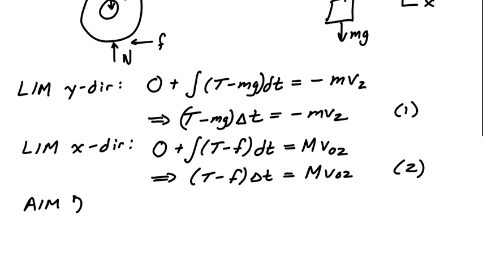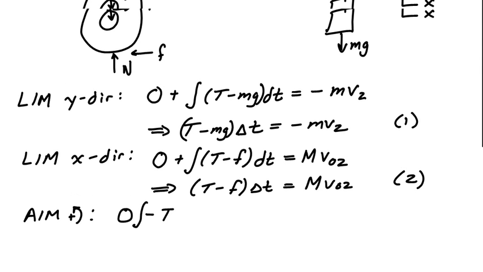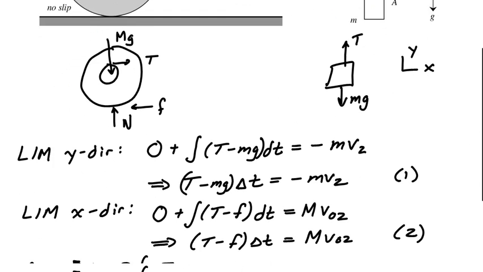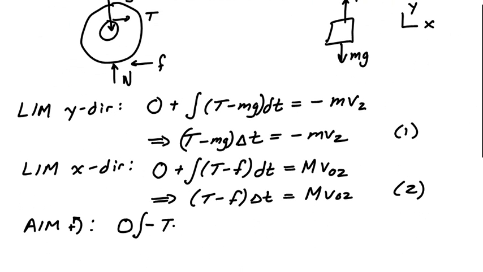Once I have that in hand, I can also now apply the angular impulse momentum equation. I'm going to do so in a counterclockwise positive sense, and I'll do this to the spool. Again, the spool is initially at rest. I'm going to have a moment arm created by the T force, so I'm going to have the integral of minus T times its moment arm, which is what we call little r in the problem statement. Then I'm also going to have a negative moment contributed by F, and its moment arm is going to be big R, times dt.